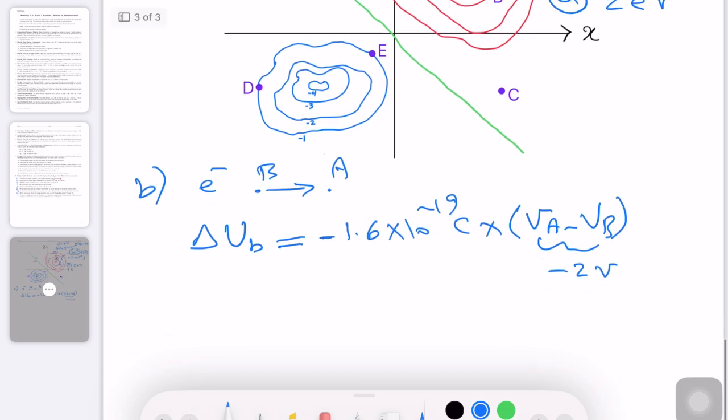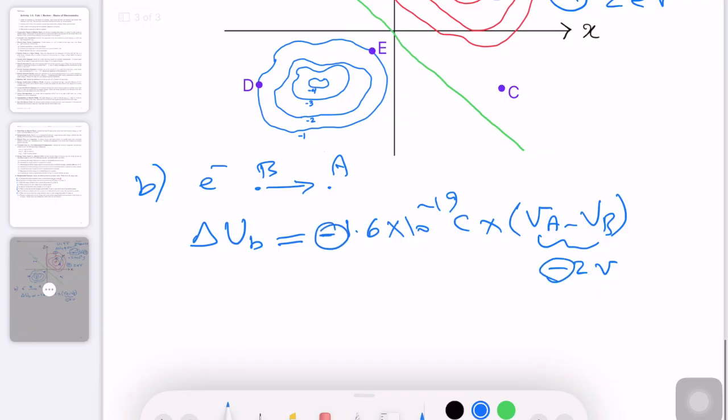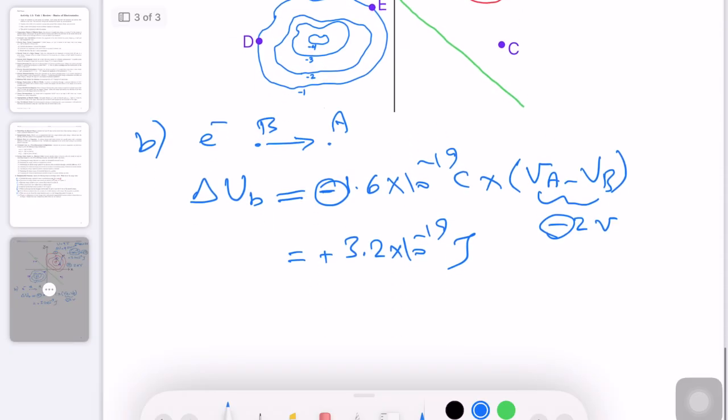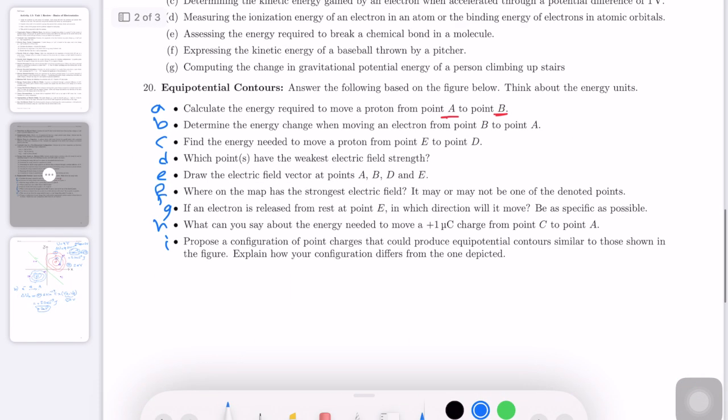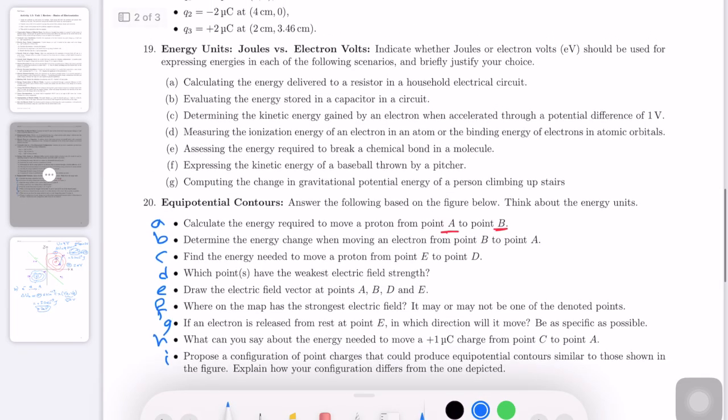So I get the same answer because this minus sign cancels this minus sign, and I still get plus 3.2 times 10 to minus 19 coulomb volt, which is joules. And in electron volt, the answer would still be plus 2 electron volt. Okay, this just shows you that if you flip the charge, so we flipped the charge, but we also flipped the direction, and that's why the minus signs cancel out.